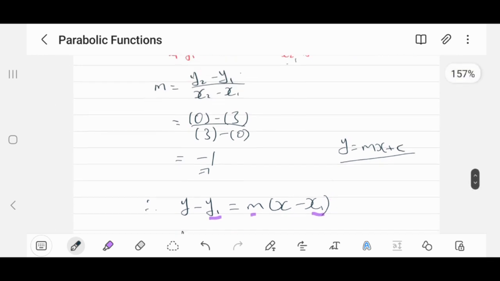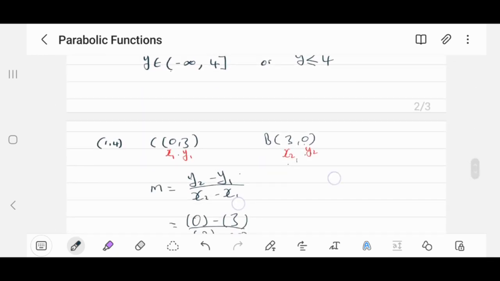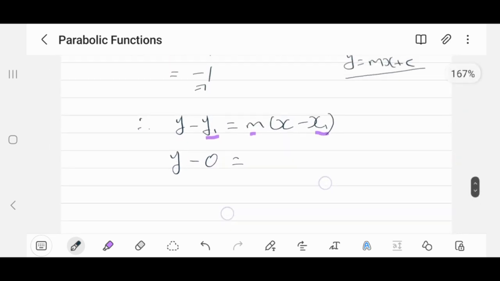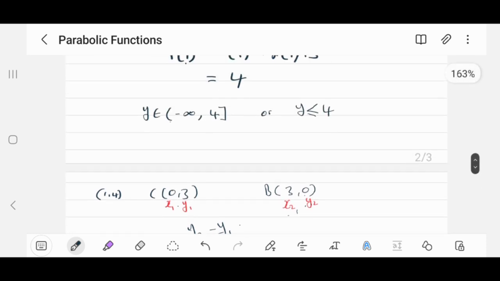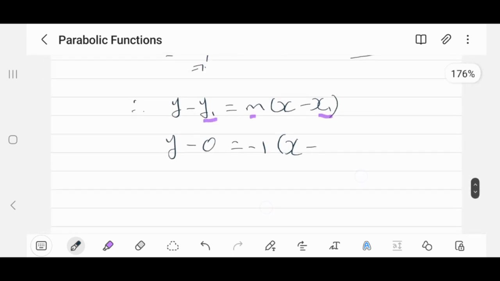Minus Y1, maybe let's use this one, is 0, equals my M, I just found it, is -1. On X I leave it, minus X1, because I use this point, X1 is 3.